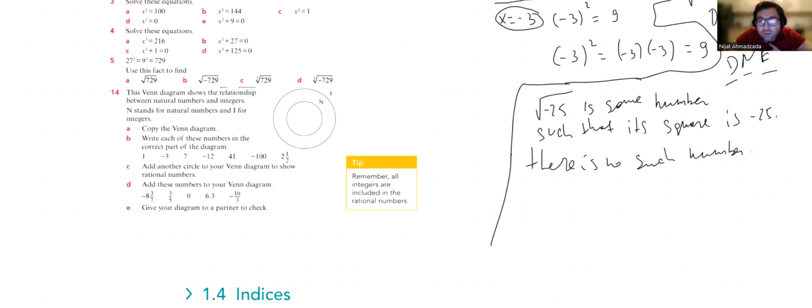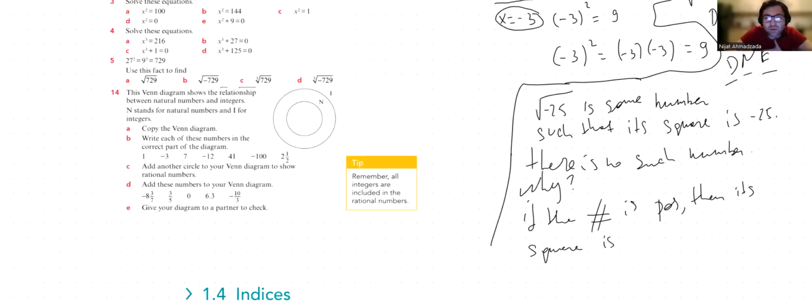Why? Because if the number is positive, then its square is positive, right? Now look at this.